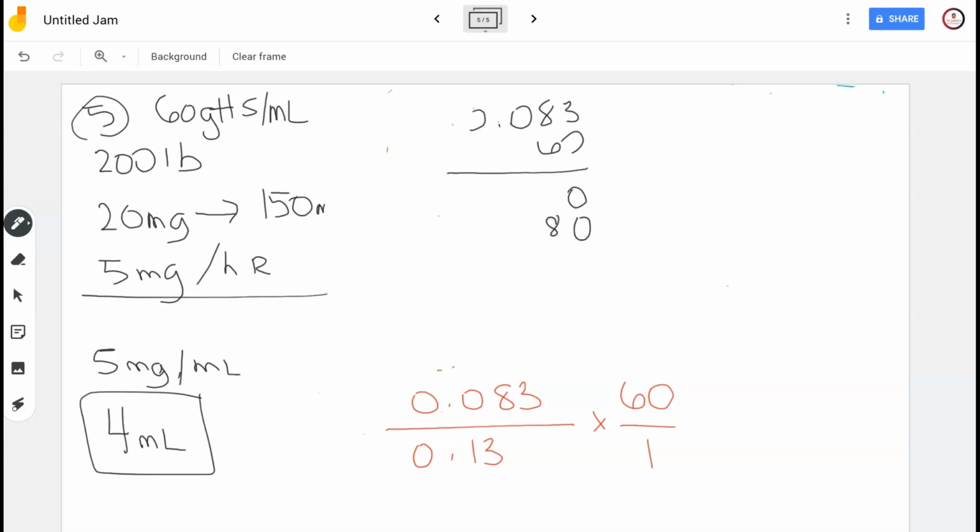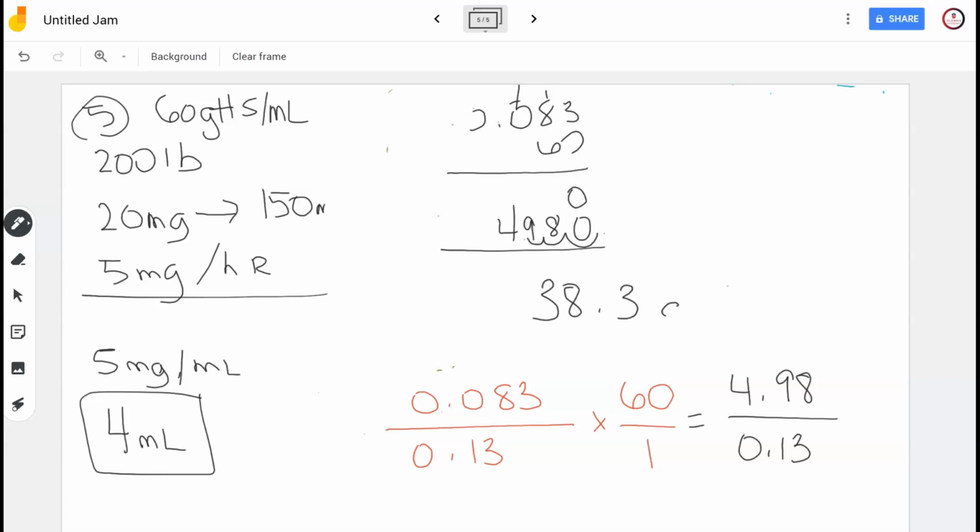So it's 1849. And you have 3 spaces after the decimal, so that's 1, 2, 3. 4.98 over 0.13. And I'm going to cheat a little bit. I'm going to use a calculator. 4.98 divided by 0.13 equals 38.3 drops a minute.